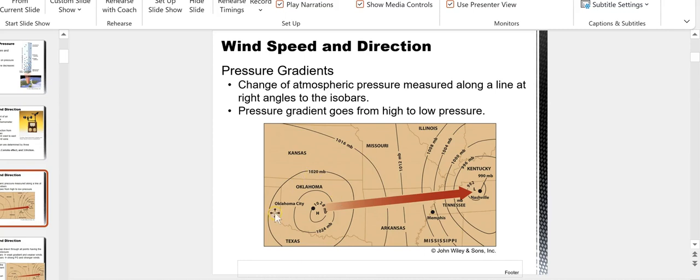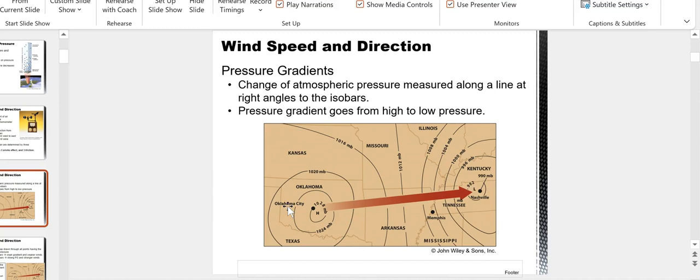So this is how we determine where our high and low pressure centers are. Remember, pressure is a vertical movement of air, and there's only two ways that air can go.